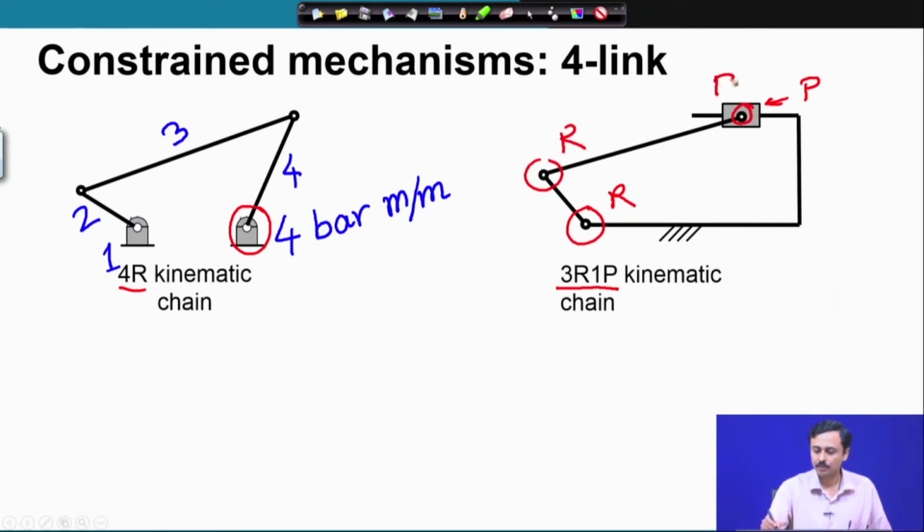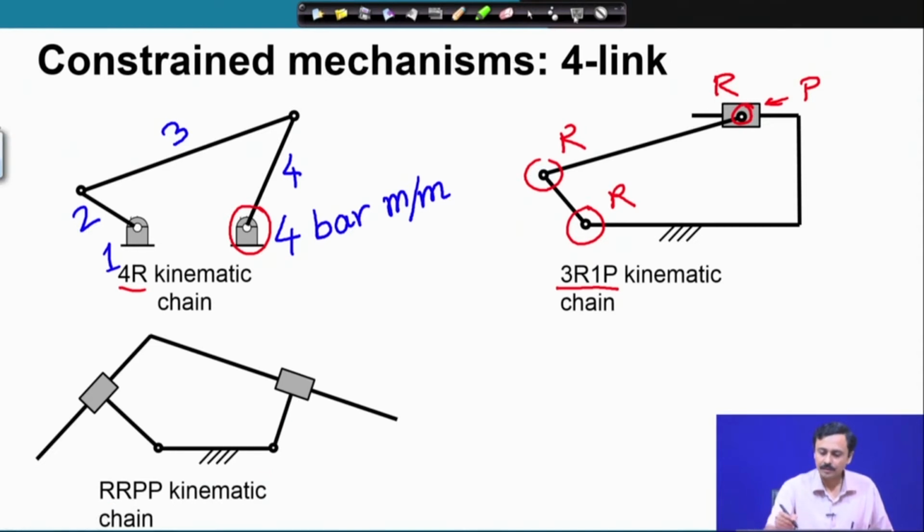Now, if I replace these two revolute pairs by prismatic pairs, so here there are two prismatic pairs.